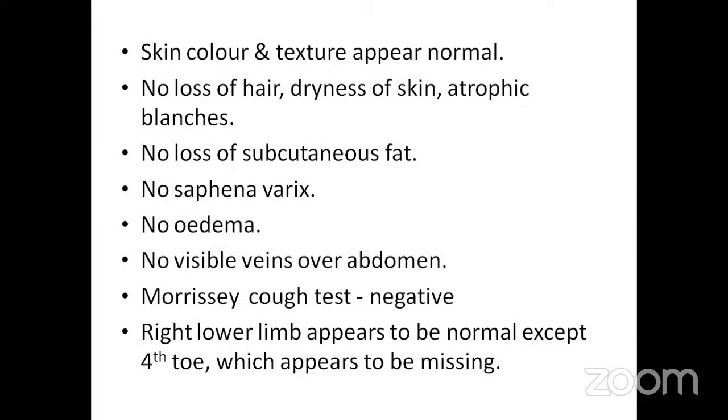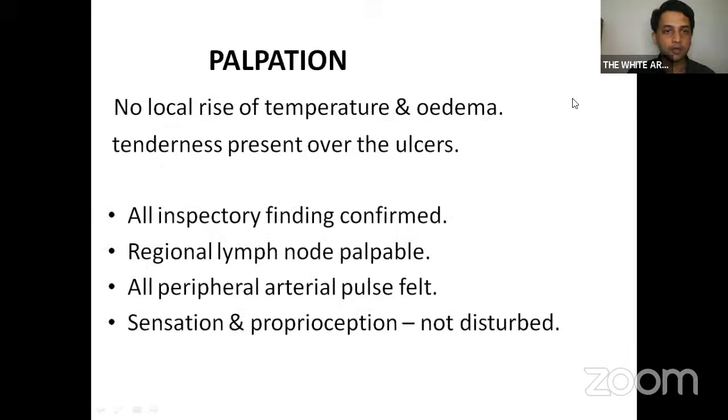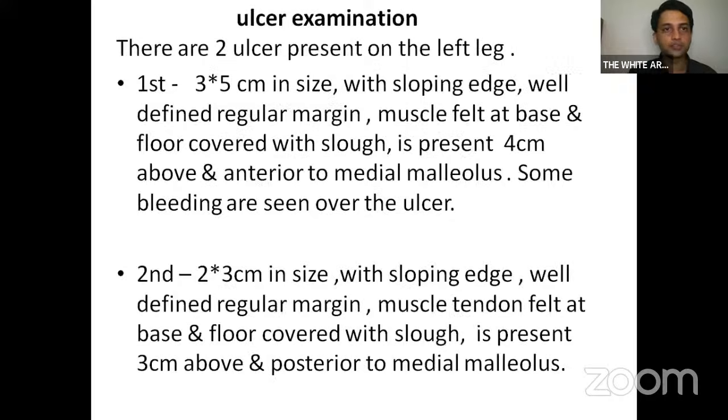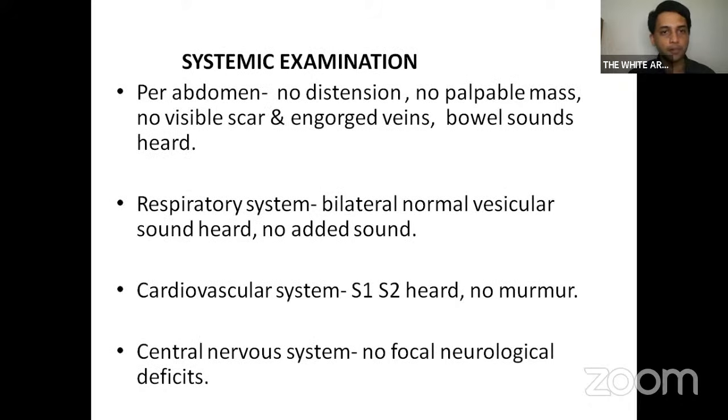Right lower limb appears to be normal. Okay, inspection was right, but on palpation we don't know. So you can separately write the other limb, inspection and palpation: right limb also appears to be normal.